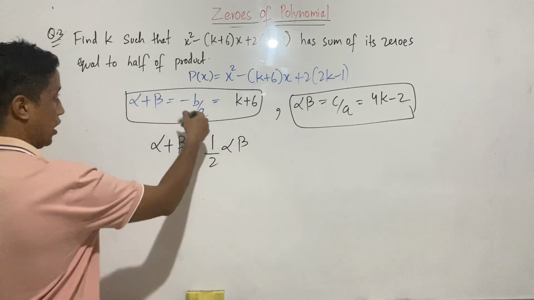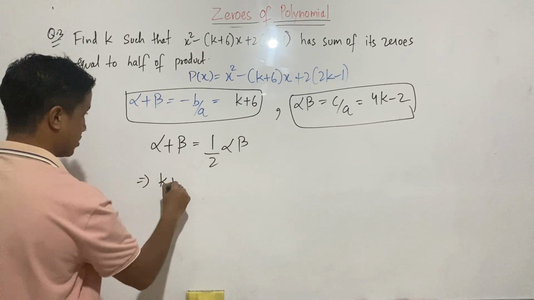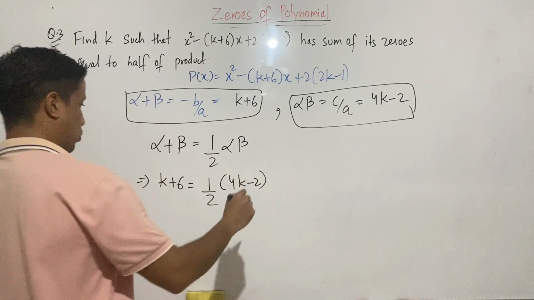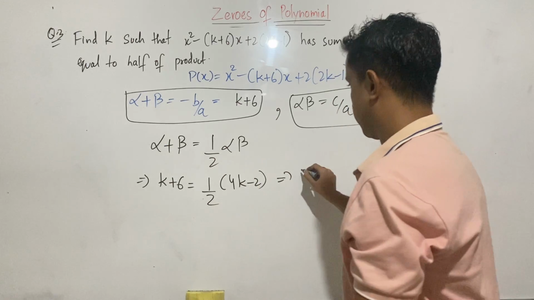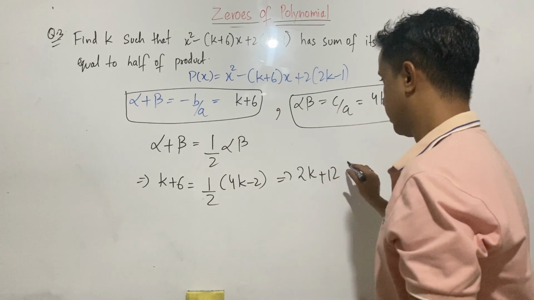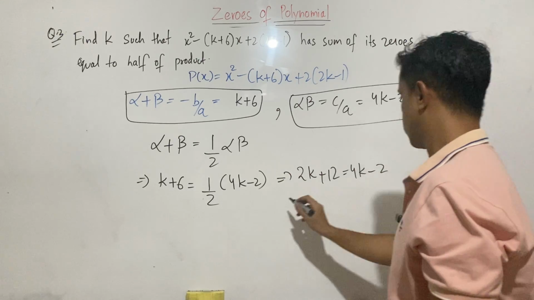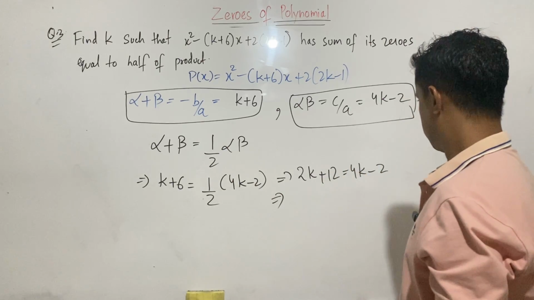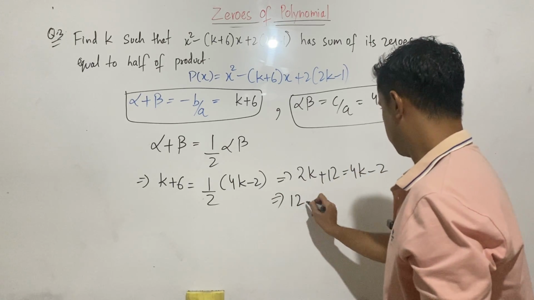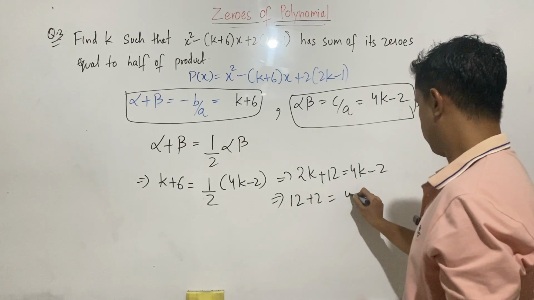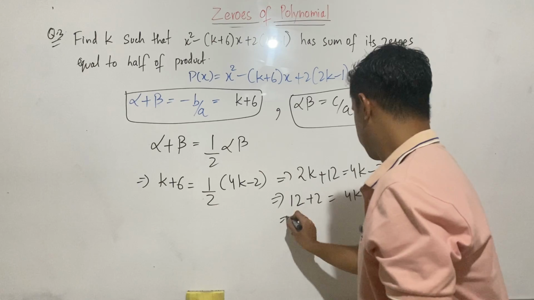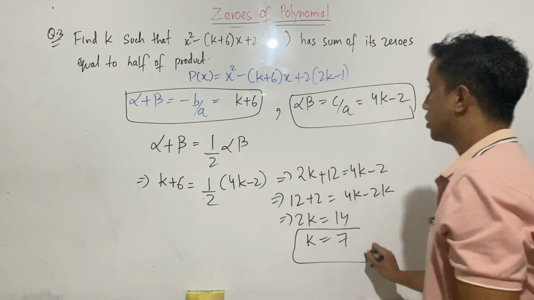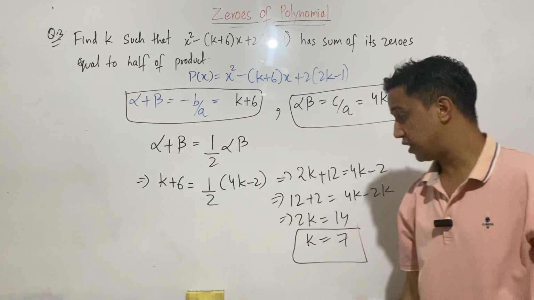So k plus 6 is equal to half of (4k minus 2), which implies 2k plus 12 is equal to 4k minus 2, which implies 12 plus 2 is 4k minus 2k, which means 2k equals 14, k is equal to 7. So the value of k must be 7.